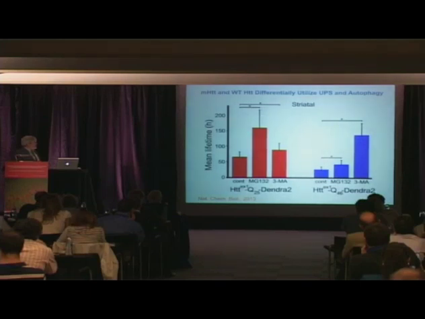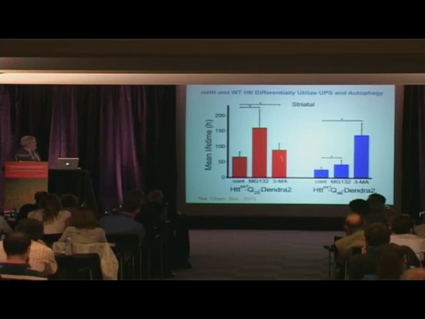To try to address this, we went back to our Dendro2 system, growing striatal neurons, and then added selective inhibitors of the proteasome or of autophagy, and then tested what effect they had on the half-life of the protein. Interestingly, we found that the half-life of mutant Huntingtin was much more sensitive to autophagy inhibition, whereas wild-type Huntingtin seemed to be cleared more by the proteasome.